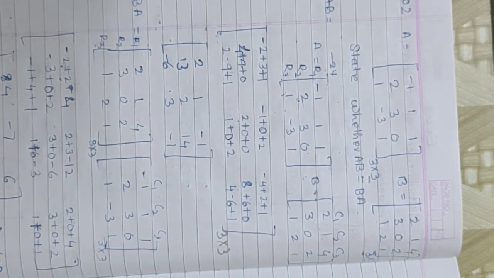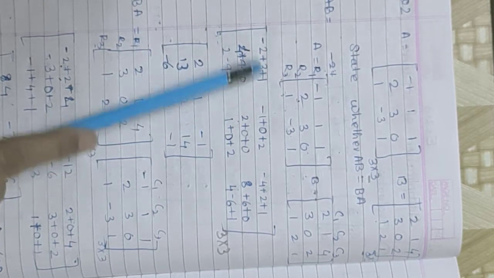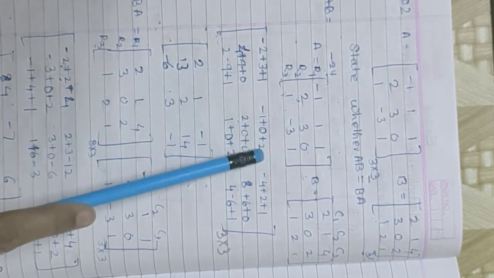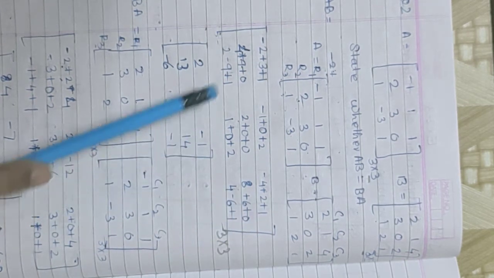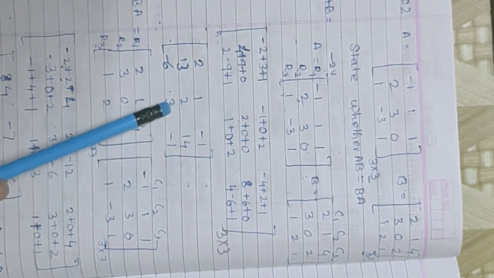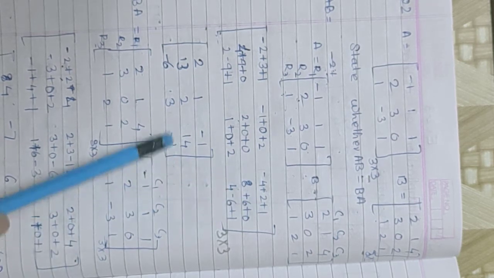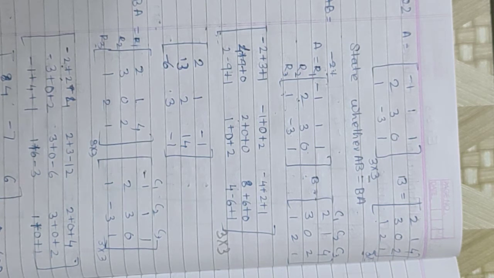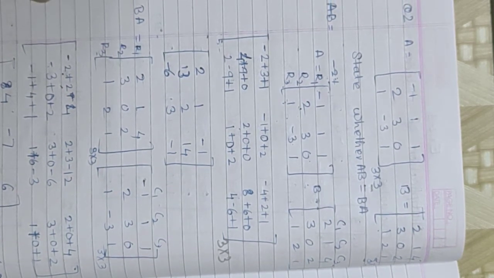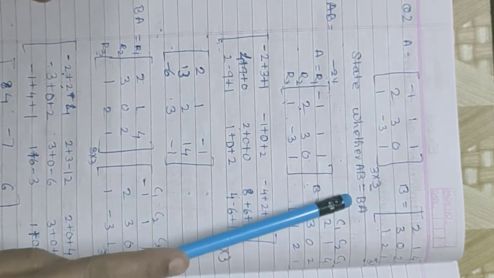Now do addition and subtraction. So here 4 minus 2, 2, 1, minus 1, 13, 2, 14, minus 6, 3, minus 1. So here we got the matrix of order 3 by 3.